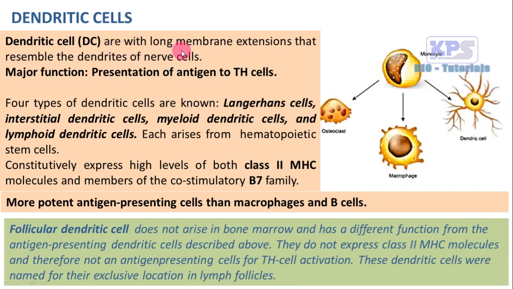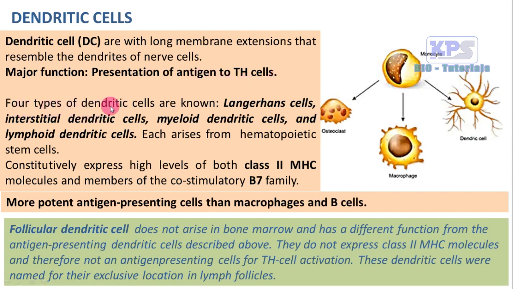So they have long membrane extensions that resemble the dendrites of a nerve cell. They are called dendritic cells or DC. Their major function is the presentation of antigen to T helper cells. They are the most potent antigen presenting cells.